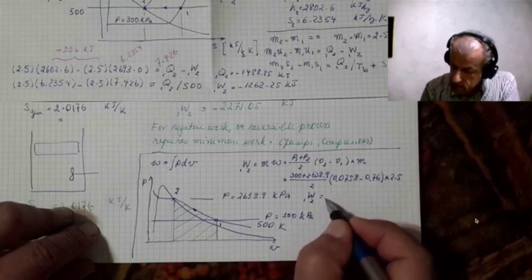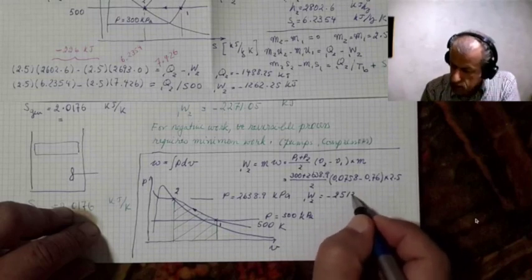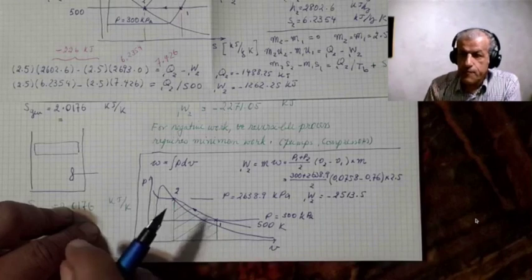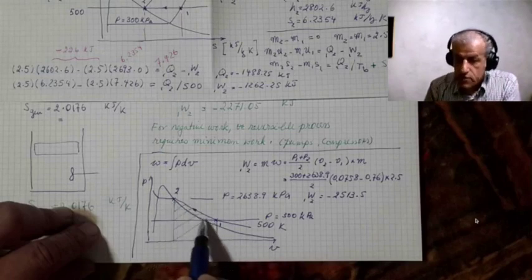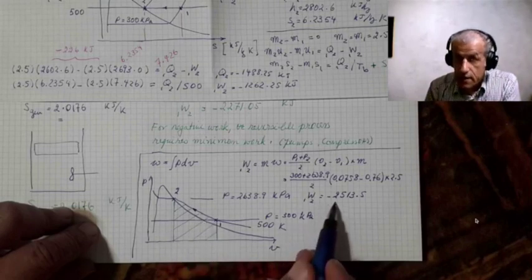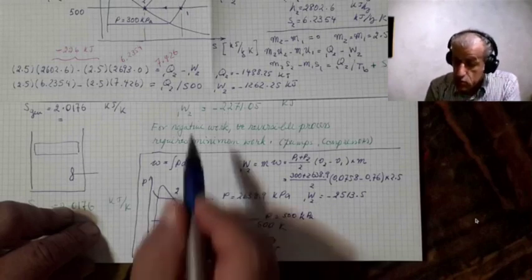It is minus 2513.5. What is it telling us? It is telling us that if you assume this line to be a straight line, we would calculate a far larger area underneath a constant temperature line than what we should really do.